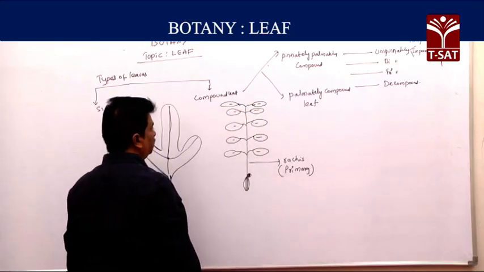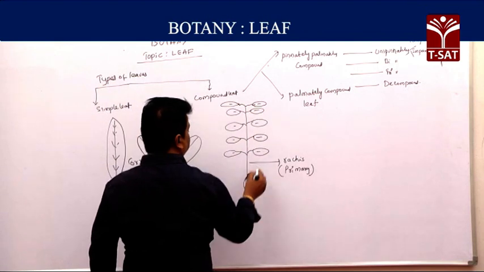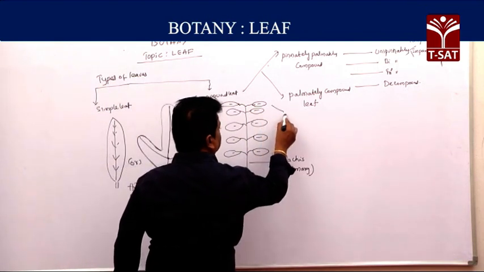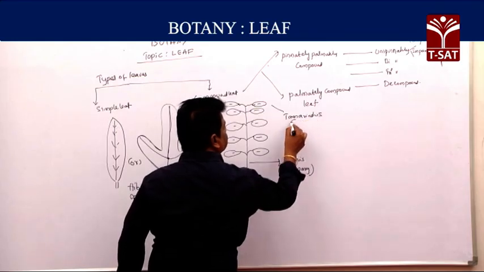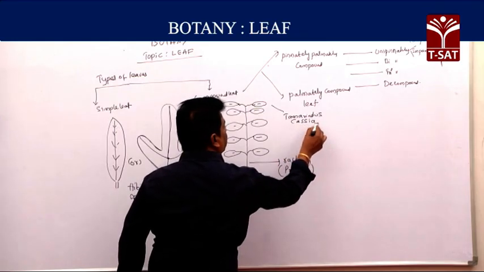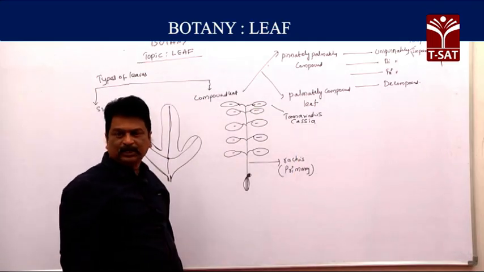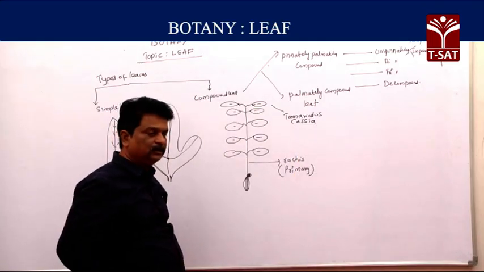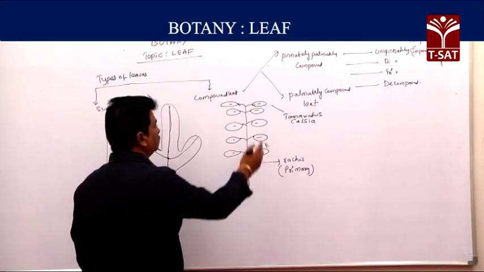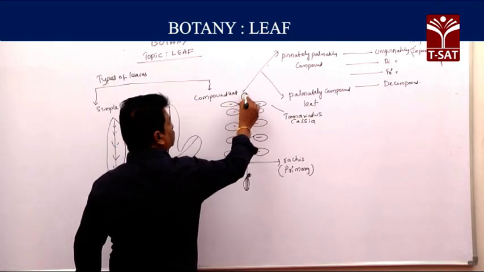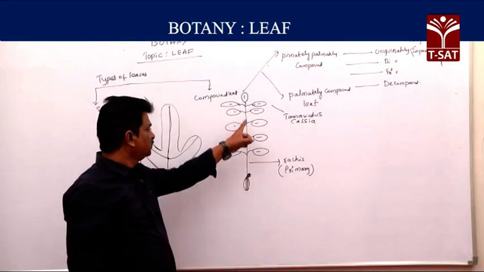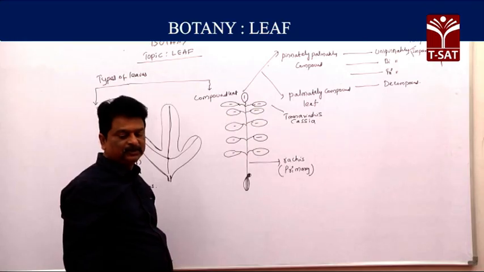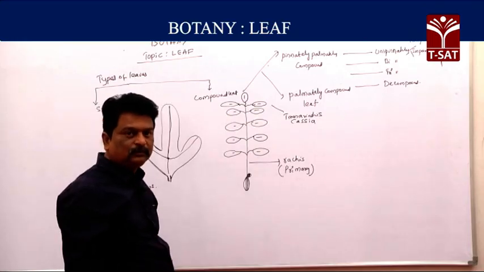Examples for paripinnate: tamarindus and cassia. And second one, imparipinnate. Imparipinnate means the tip of the rachis contains an odd number of leaflets.